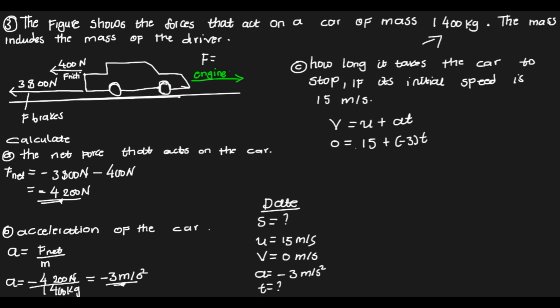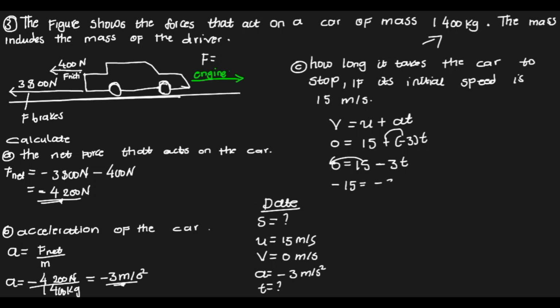Then we are solving for t, so we can say 0 equals 15, then we multiply positive by negative, it's -3 times t, that is -3t. So we are going to move our 15 to the other side.